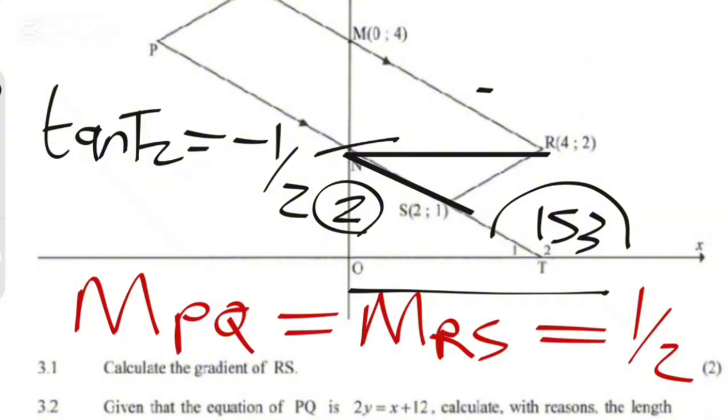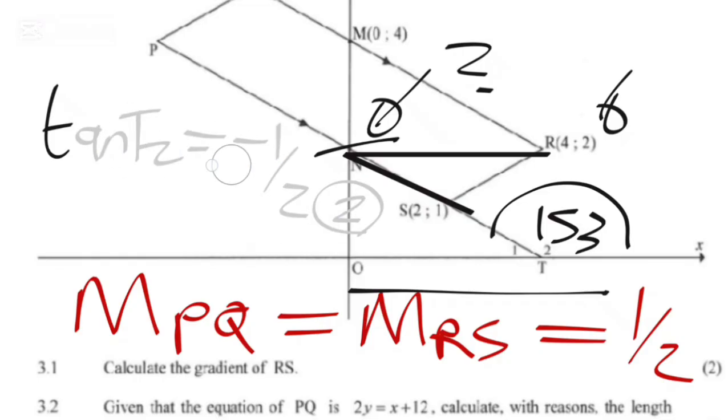With that, we notice that these two lines are parallel because n is 2 and the y value here is 2. So we have to start with NTO. NTO is this one.